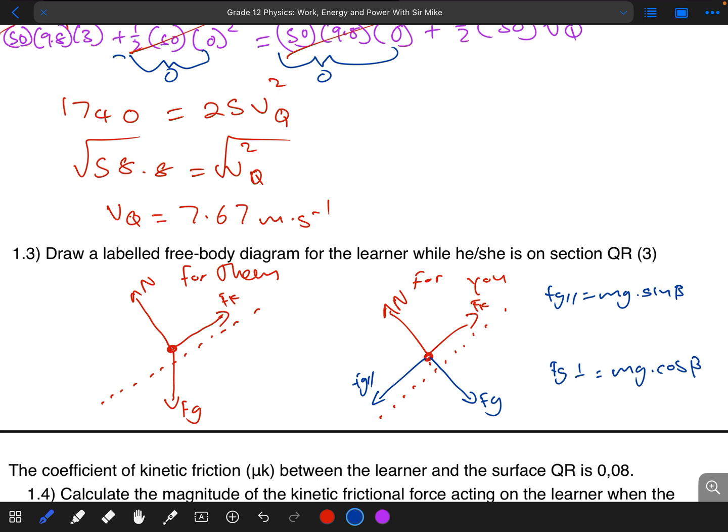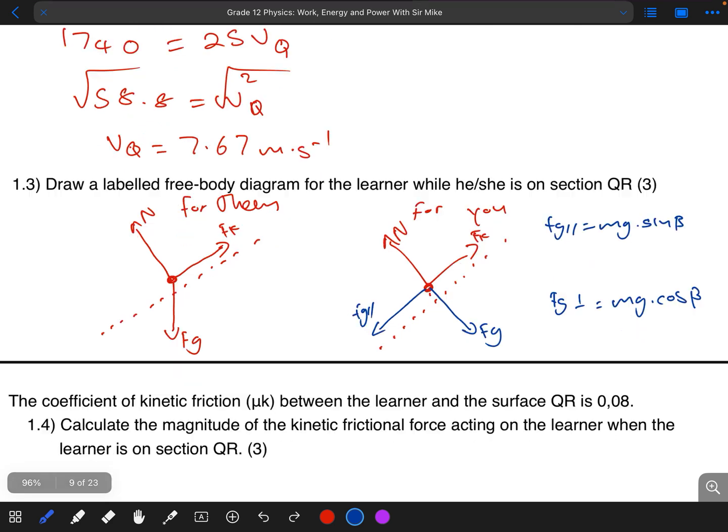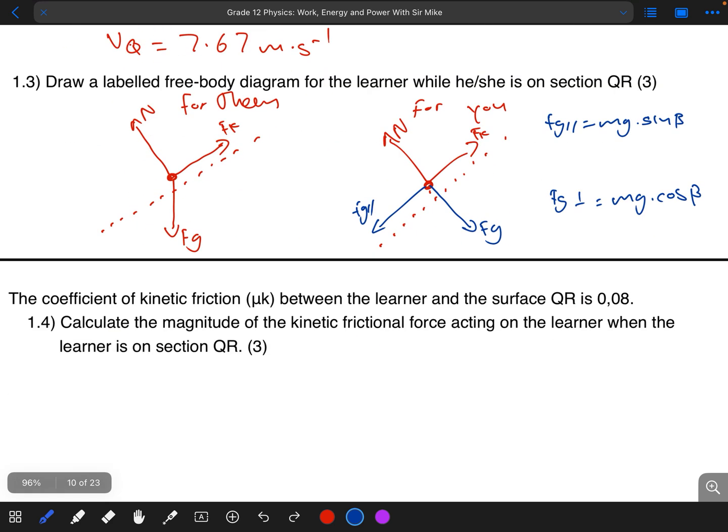The reason why I'm not using theta is that I don't want you to mix it up with the theta that we use in the work done formulae. So this diagram is for us. We are going to use that later on in case we need it.